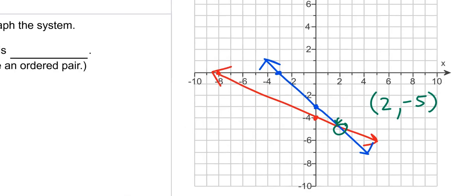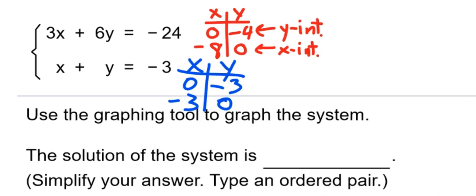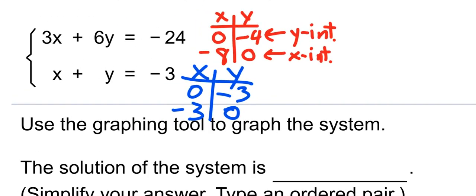Now, some of you don't like that method. You don't want to use that method. Are you searching for an alternate method? Okay. Some of you are going to solve these for y. If I have to solve that for y, tell me what I'm going to do with the 3x.